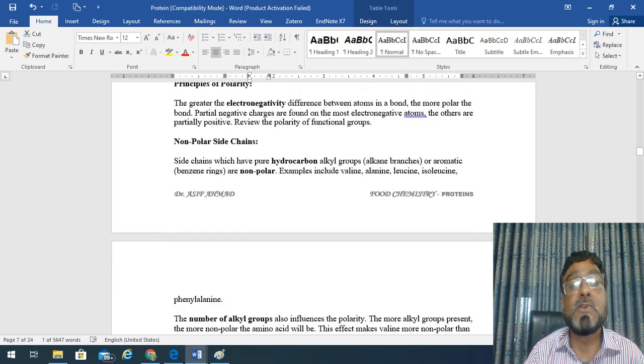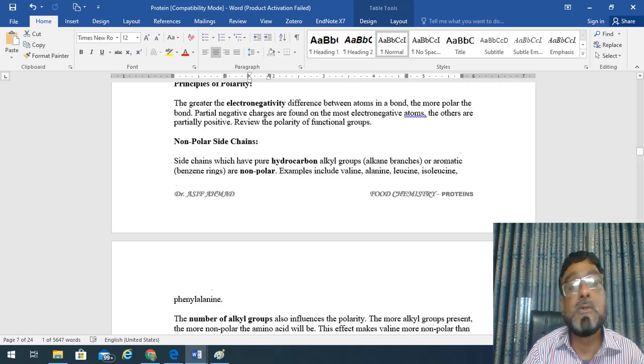What is the basis for this polarity? Basically, the greater the electronegativity difference between atoms in a bond, the more polar the bond will be. Partial negative charges are found on the most electronegative atom. The others are partially positive, right?